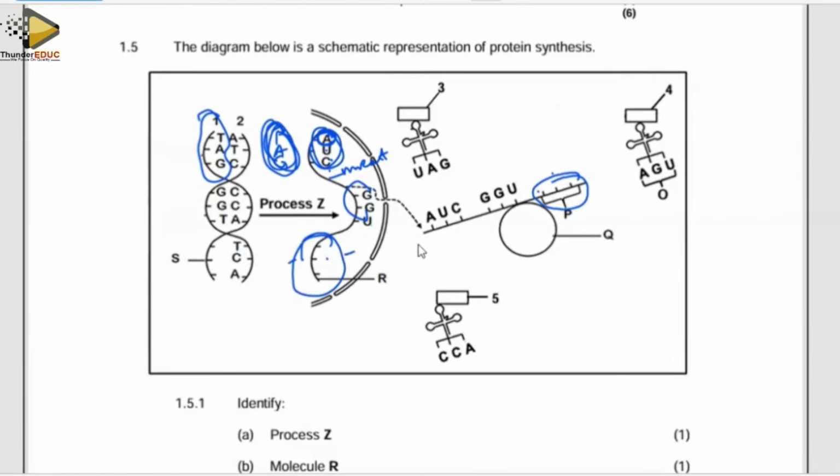So I find out that this is strand 1, but still I don't have it here. So to get this, because this and this is the same, I have to know what this is, but to get this I have to know what this is. Therefore I'm going to say TCA, that is for this. Now I need to find out what this is. So it's going to be AGT.